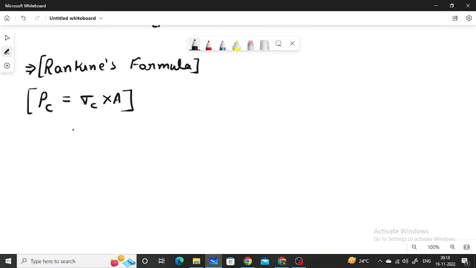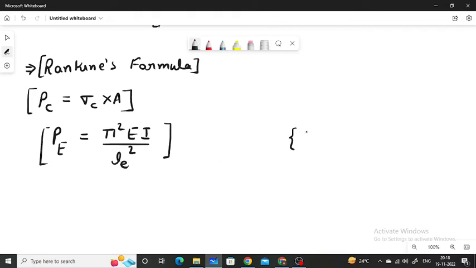Now, for a long column, we know that crippling load by the Euler's equation will be equal to pi square EI upon Le square, where Le is the equivalent length of the column. Now we know that moment of inertia will be equal to A K square, where A is the cross sectional area of the section and K is the least radius of gyration.